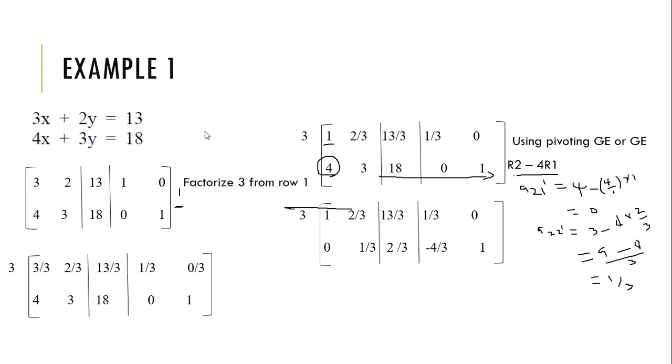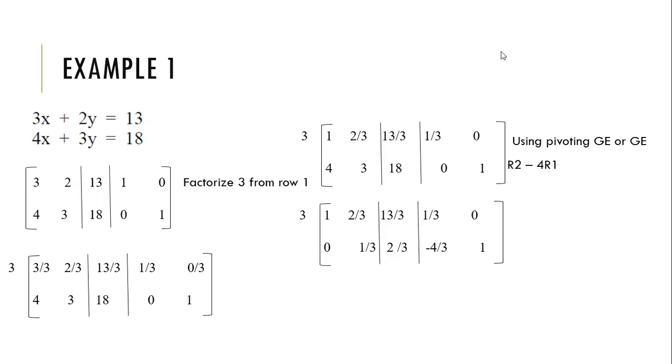Then, like we said, the objective is to have our diagonals to be 1 and 1. Which means that we need to factorize this also to become 1. So you bring out 1 over 3. We factorize 1 over 3 as the next operation.